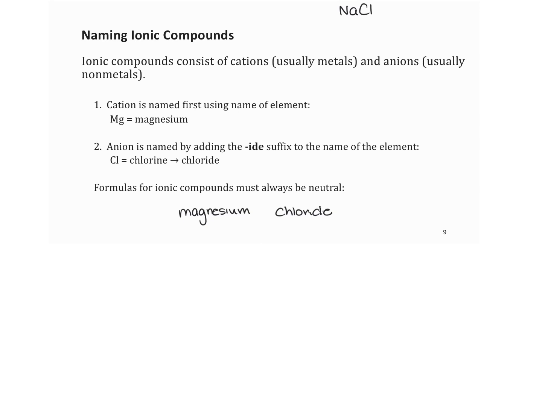So for example, when we look at the periodic table, we see that magnesium is in the alkaline earth metals. It's in the second group. So it's going to have a +2 charge. We look and we see that chlorine is in the halogens, and so it's going to have a negative charge.